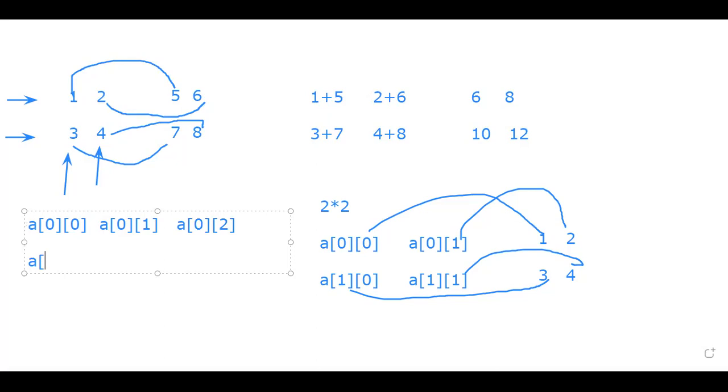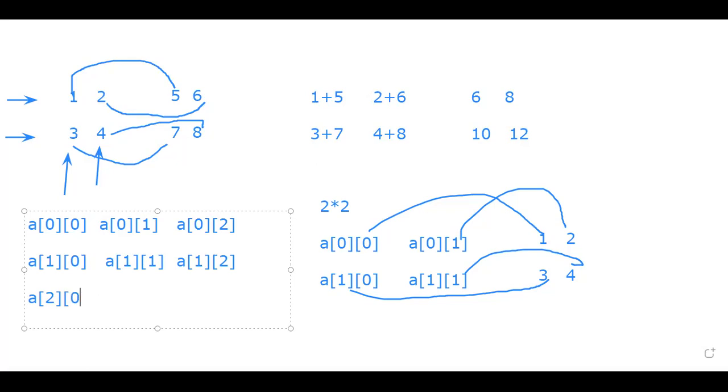Next, A of 1, 0, A of 1, 1, A of 1, 2. Next one, A of 2, 0, A of 2, 1, A of 2, 2.